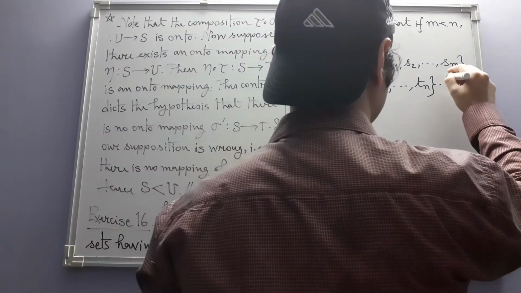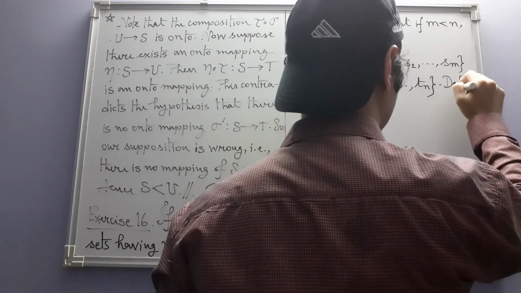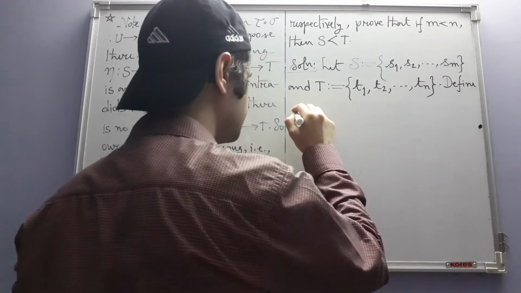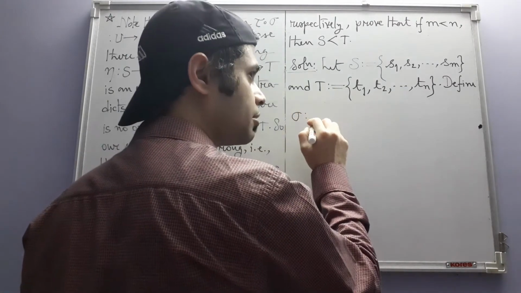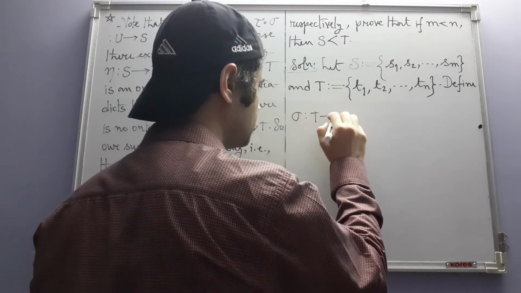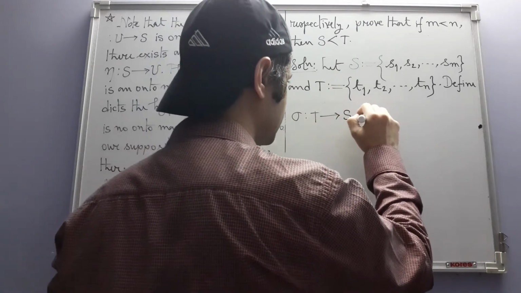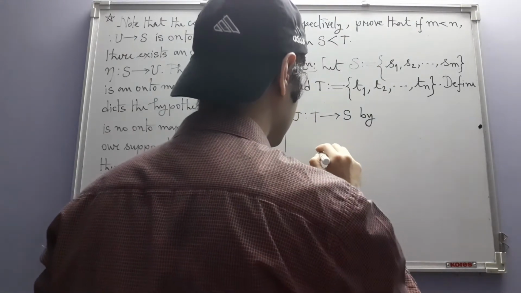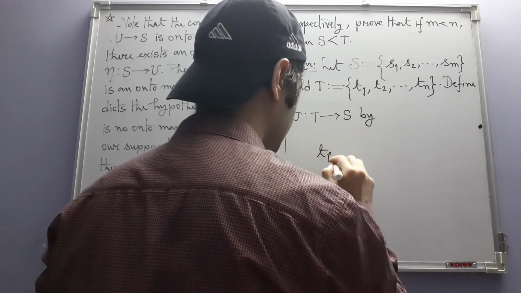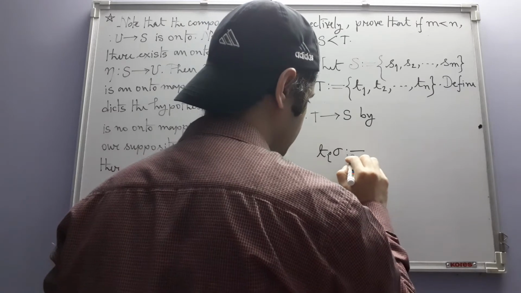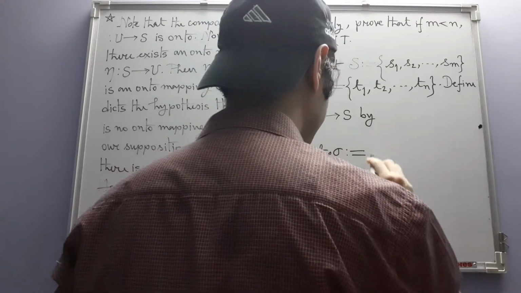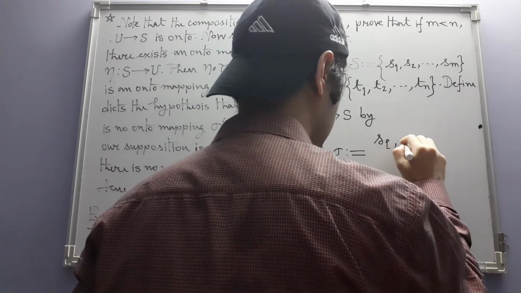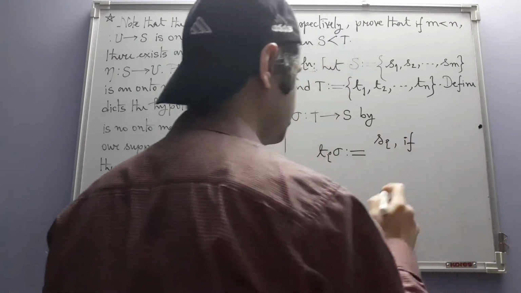Okay, so define a mapping sigma from T to S by this formula. Ti sigma is equal to Si if i lies between 1 and m.